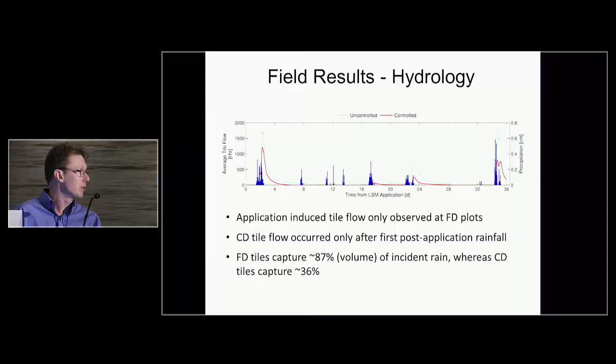There was an increase in response to the incident precipitation, and the control drain plots flowed periodically. But during the precipitation events, the discharge from the control drain plots was quite significant as well. Over the entire 36-day monitoring period, the free drain tiles captured about 80% of the incident precipitation from a volume perspective, whereas the control drain tiles captured 36%.